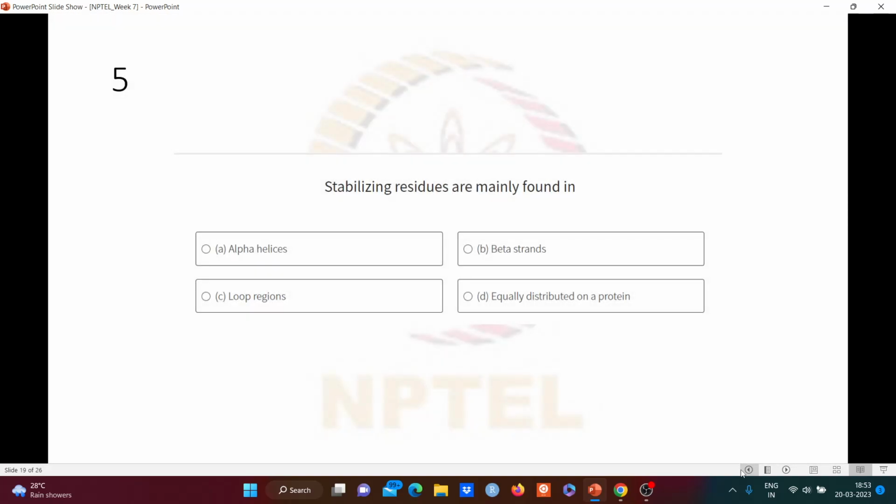Next is: stabilizing residues are mainly found in beta strands.